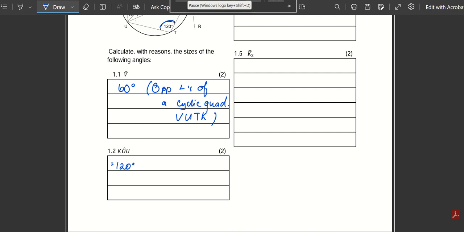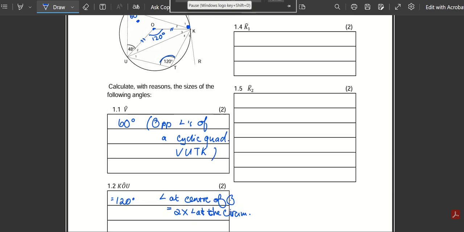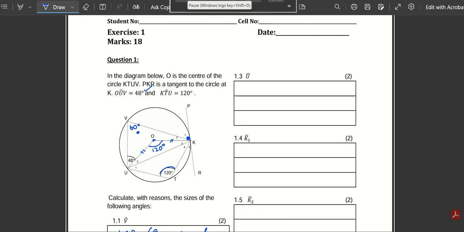And our reason here is going to be angle at center of circle is equal to 2 times the angle at the circumference subtended by the same arc. Please apologize for my handwriting. I'm trying to do this on a computer screen, and hope you guys would understand as follows.